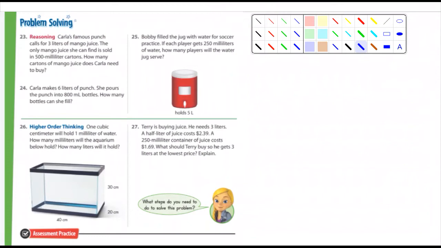Carla's famous punch calls for 3 liters of mango juice. The mango juice she can find is sold in 500 milliliter cartons. Let me ask you a question here. I'm going to pull a stick. Miss Maldonado, 500 milliliters. How much of a liter is that? What would that be in liters?